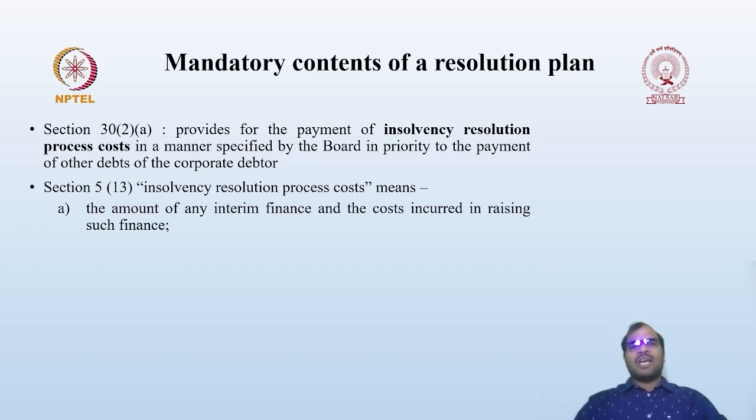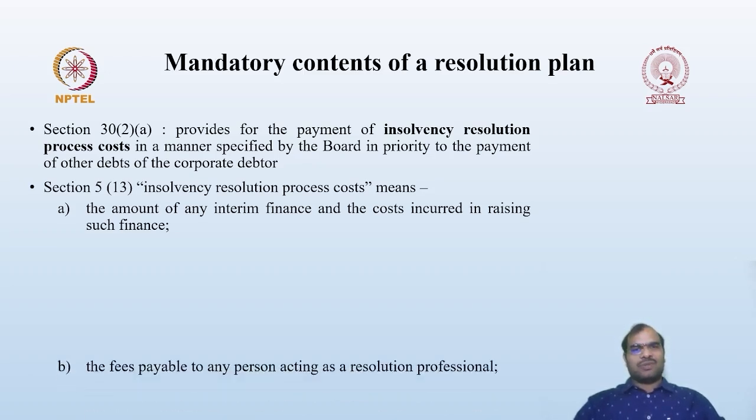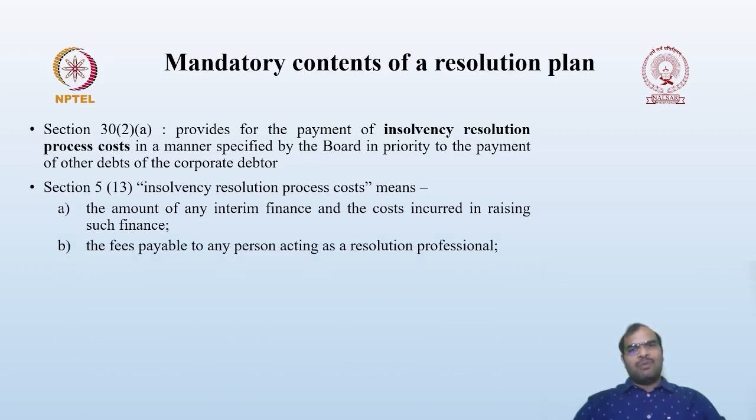If you are raising any interim finance or any cost is incurred in raising such finance, that is considered to be insolvency resolution process cost. Then the fee payable to any person acting as a resolution professional. Obviously the resolution professional's fee is payable to him as per the regulations. So any fee payable to the resolution professional will form part of the insolvency resolution process cost.